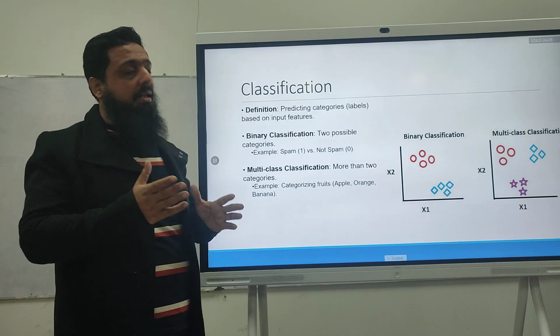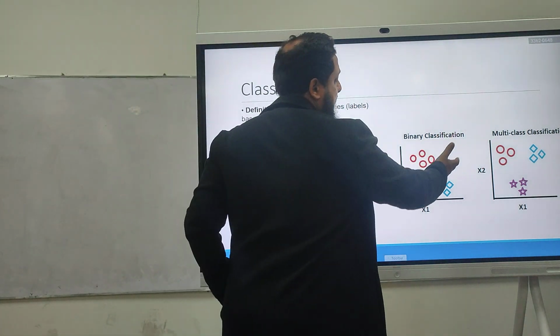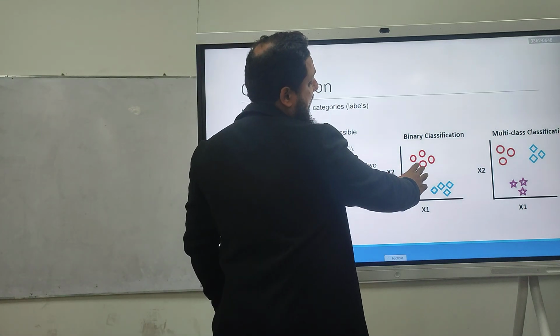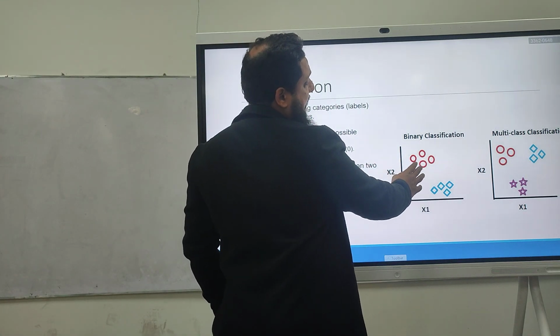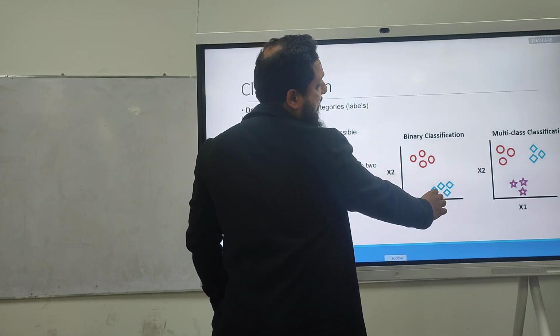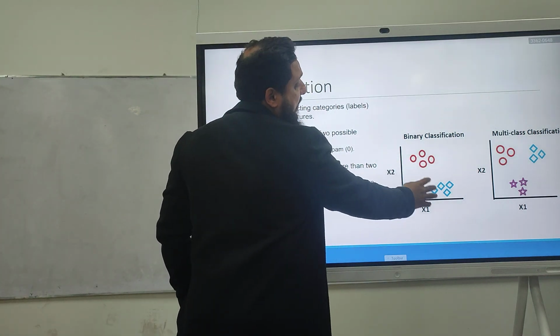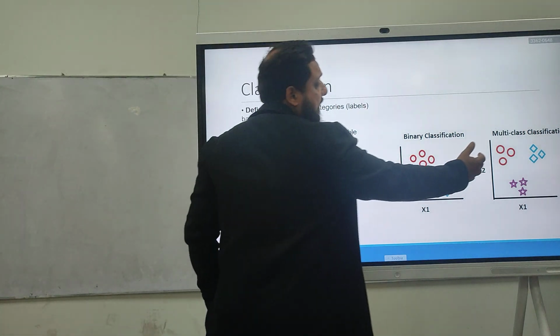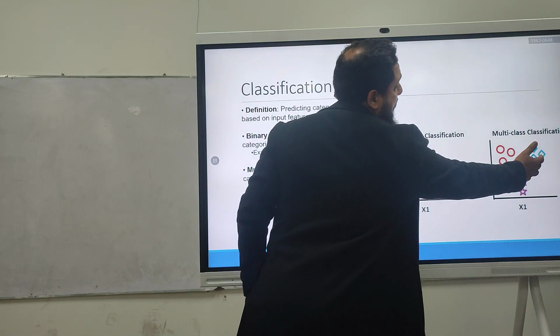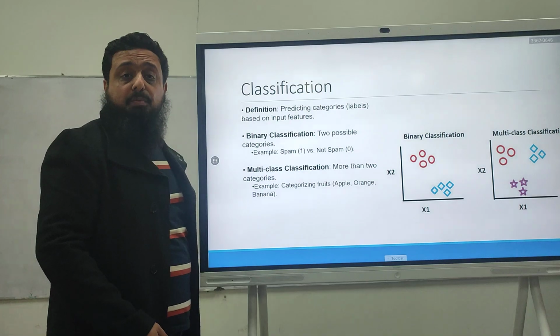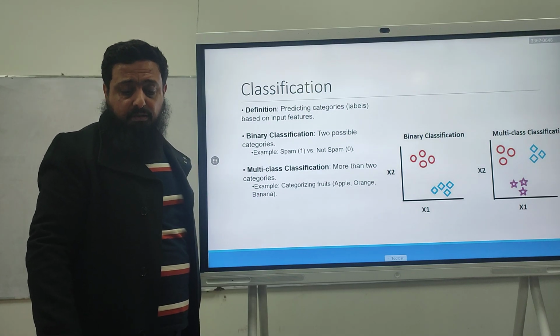Our model has to learn a slope here to classify. In this case, we are separating these circles and squares. This is called binary classification, because we are dividing it into two classes, and here it's a multi-class problem. We are dividing it into three groups. So it's multi-class classification.